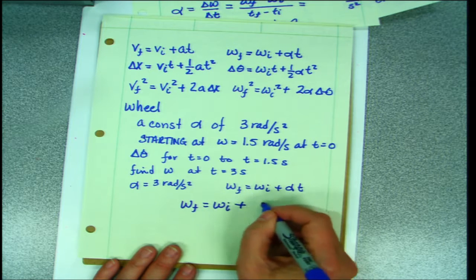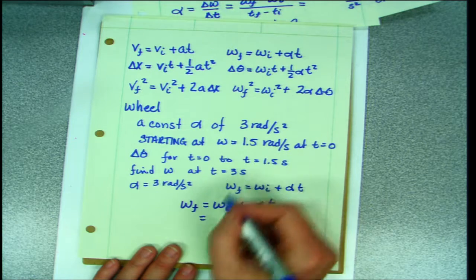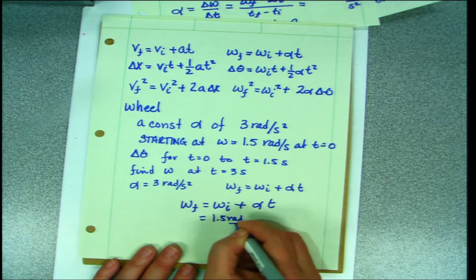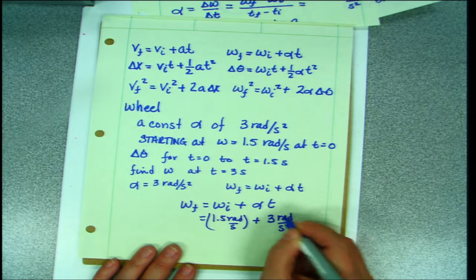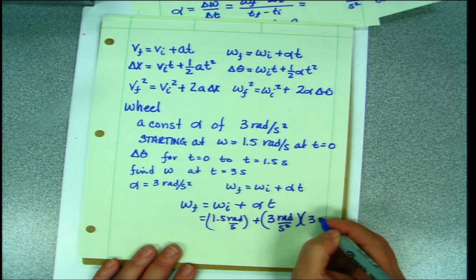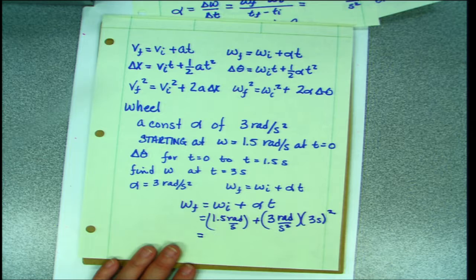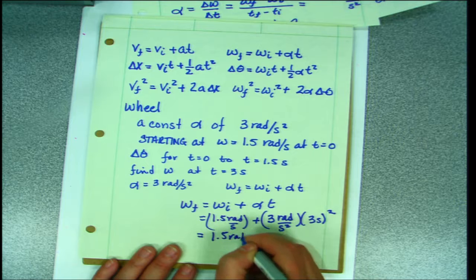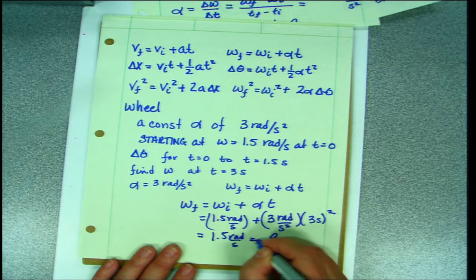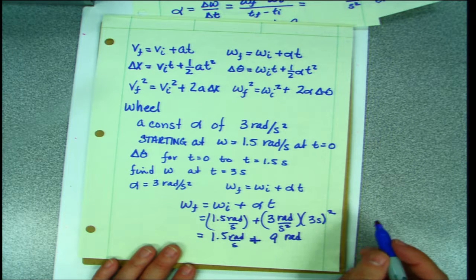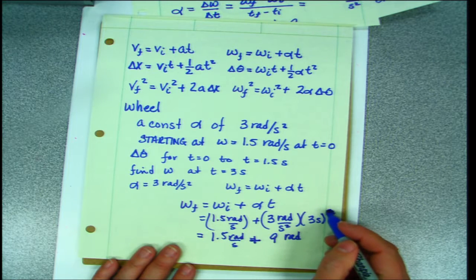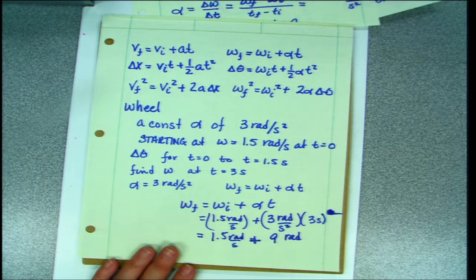And if I do that, I get 1.5 radians per second plus 9 radians per second. Did I do something funky? No, that's not squared. That's just radians per second, because I'm using that one. My units were getting funky. And that tells me I go 10.5 radians per second. I'll give everybody a second because people are still writing down.